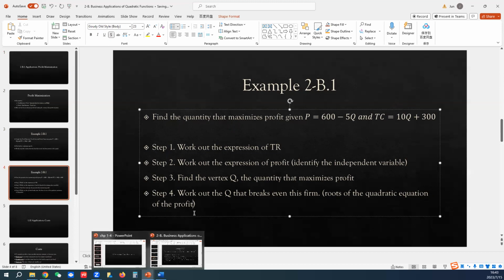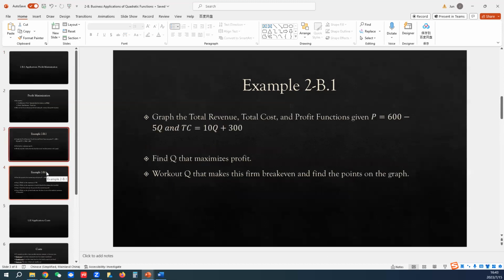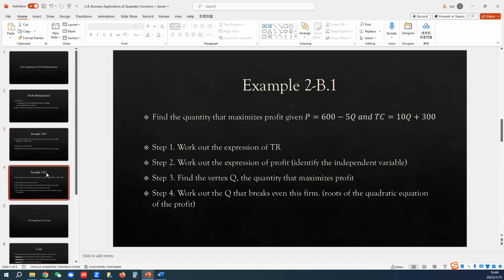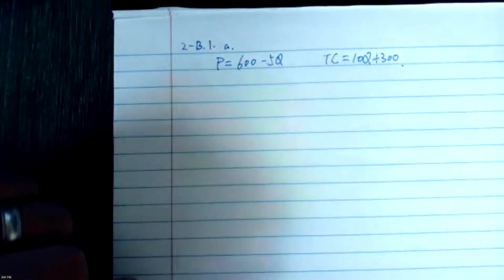Okay, so let's look at this. First, I'd like to solve this by hand, at least illustrate those steps by hand to you. So let's switch back. Total cost is 10Q plus 300. So now let's switch to my document camera, just to demonstrate what is going on.